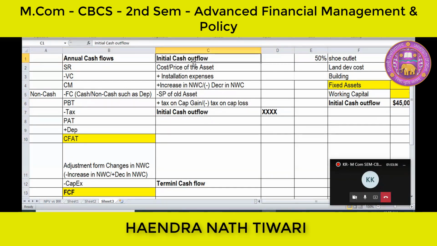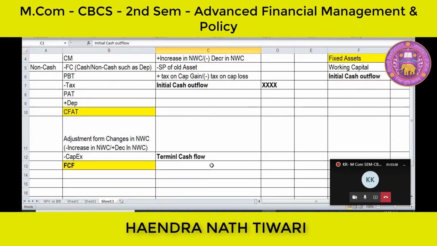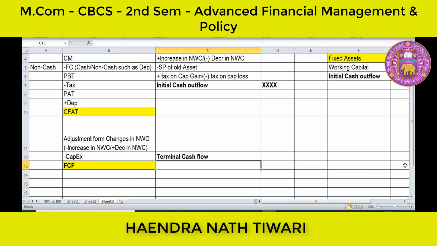These are initial cash outflows, and this is terminal cash flow. Terminal means now the asset has come to its end of the life. Right? So if the asset has come to its end of the life, then what will you have?